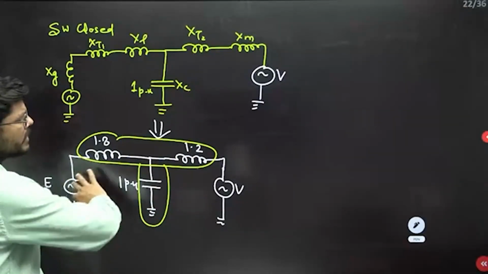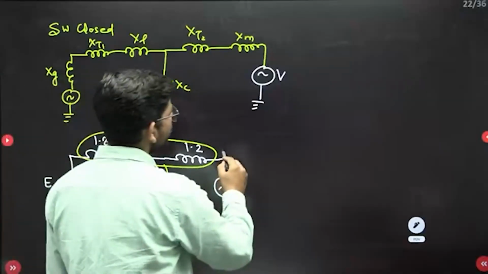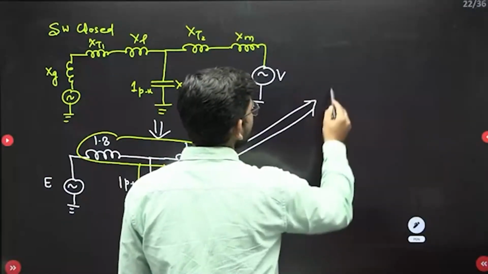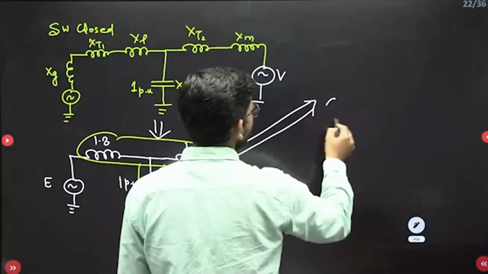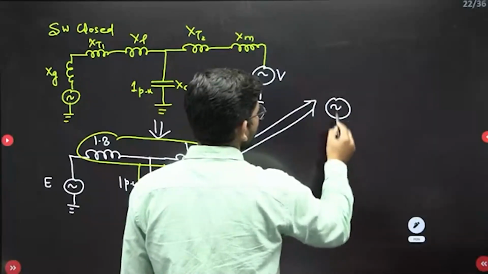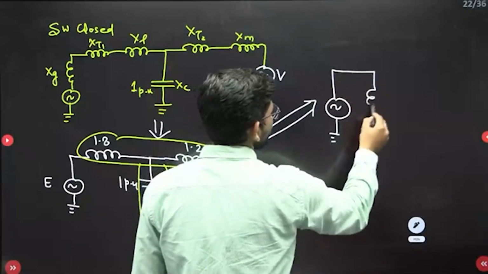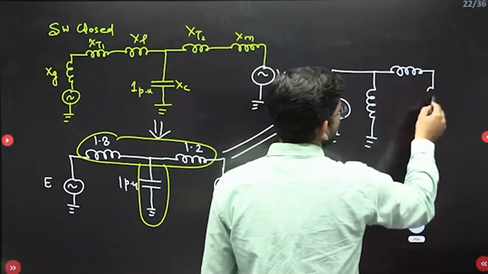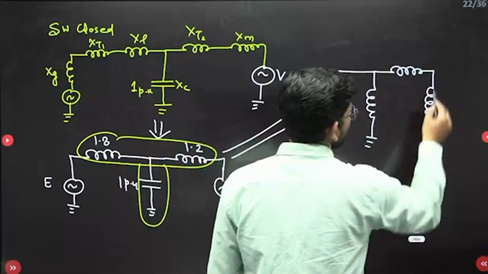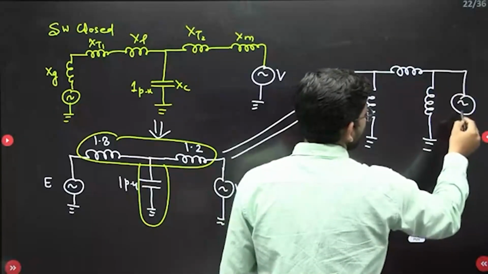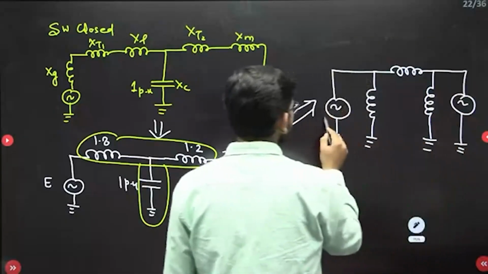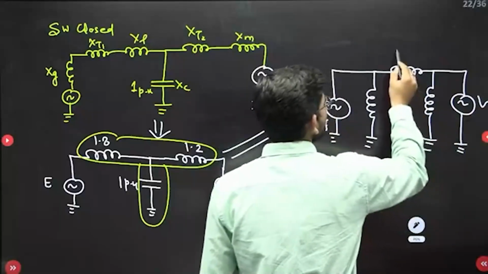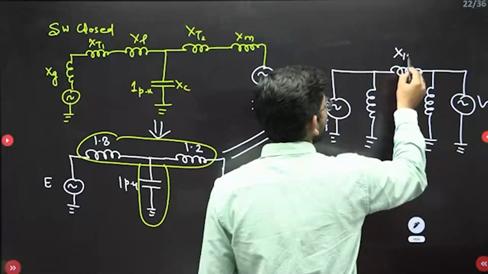Now if we convert this star into delta, you will get something like this. So we will have E, and after conversion it will be like this. So this is our E of F, this is V, and let me call this X12.